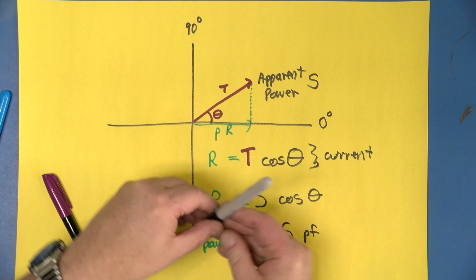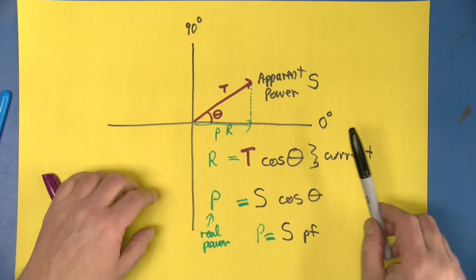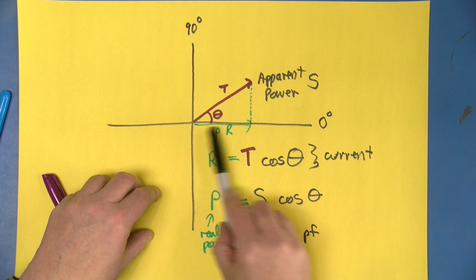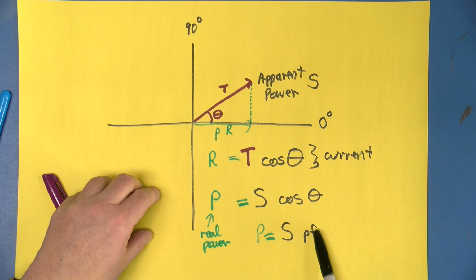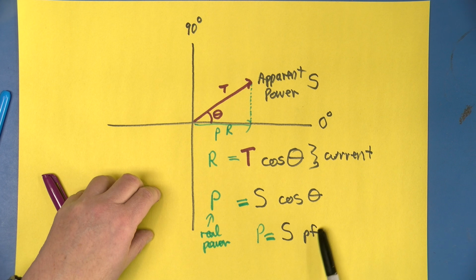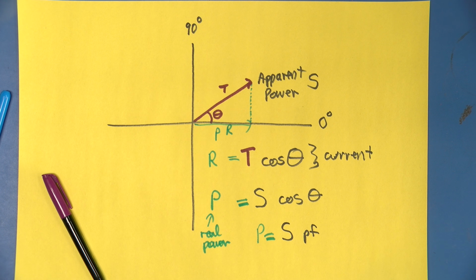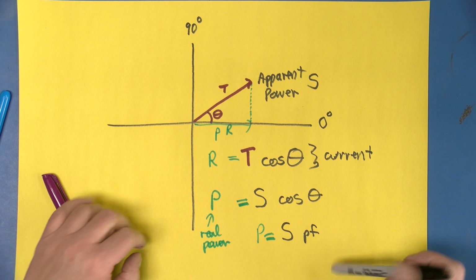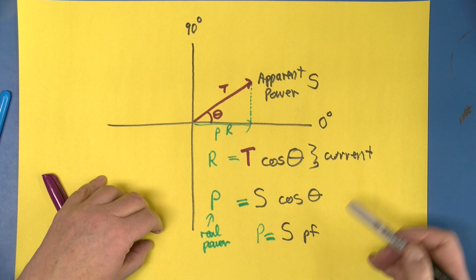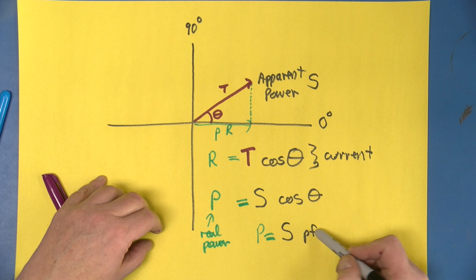If we had a capacitor in there and we now had everything out of phase and there was no real power, the power factor would be 0. So it's really just a measure of how much useful power we're delivering from the total power or total current flowing through the power lines. Obviously, we would like the power factor to be as close to 1 as possible.